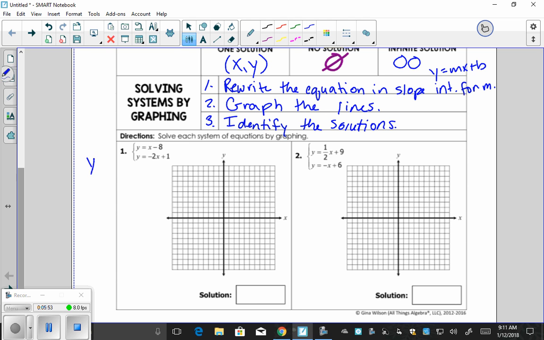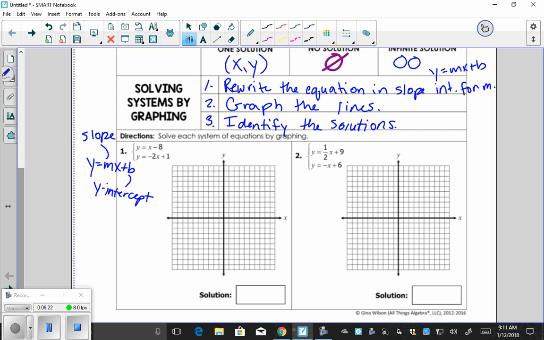If I have y equals mx plus b, what does m stand for? Slope. So m is slope. And b is what? Y-intercept. So m is my slope, b is my y-intercept.